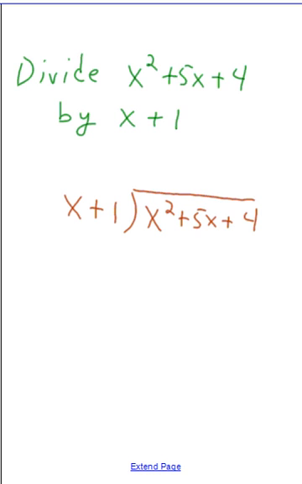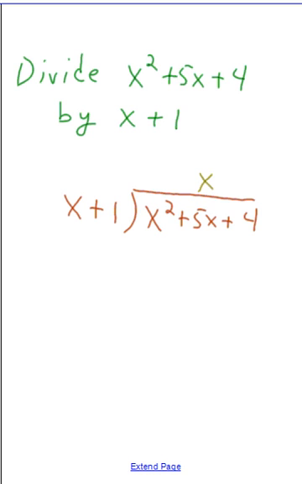This is the hardest part, just know how to start. How many x's are there in x squared? What would you multiply x by to get x squared? x. Now I put that x over the term that has the same power. You can't put it elsewhere because you won't be able to stay organized.